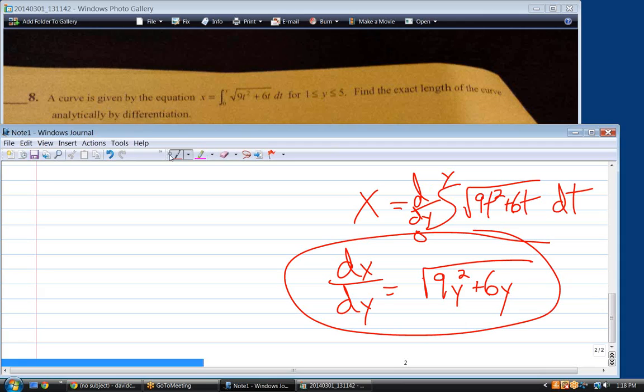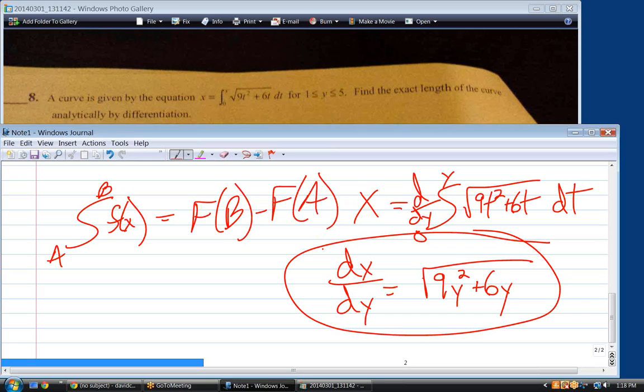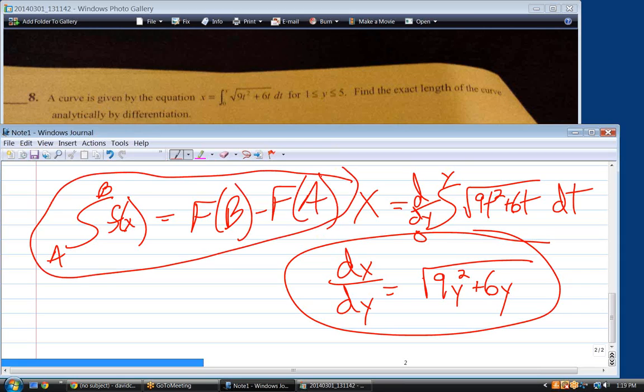The second part says that if you take the integral of a function, it's equal to f of b minus f of a. This is the one we're very familiar with. That's how you evaluate any integral. You take the antiderivative of the function, evaluate it at b, and subtract the antiderivative evaluated at a. So there's part two, and there's part one.